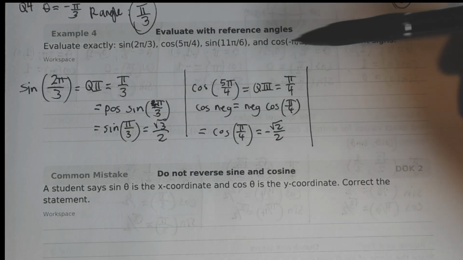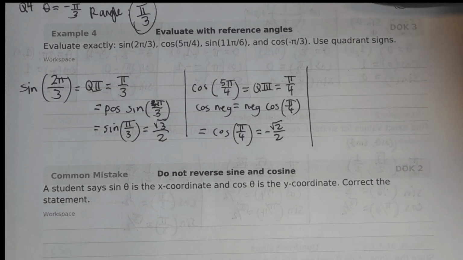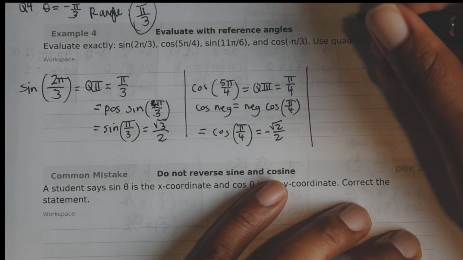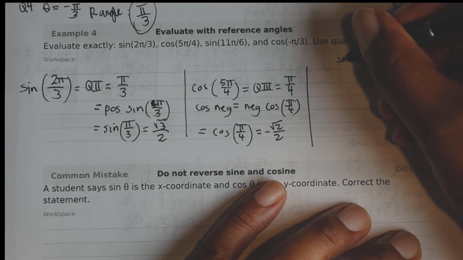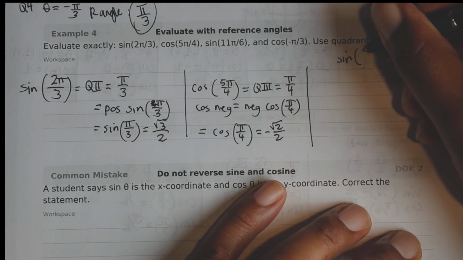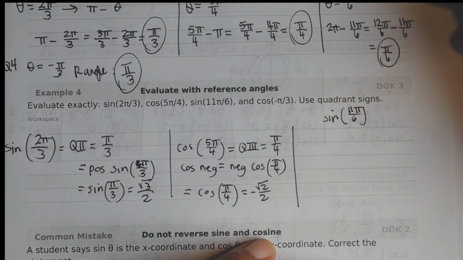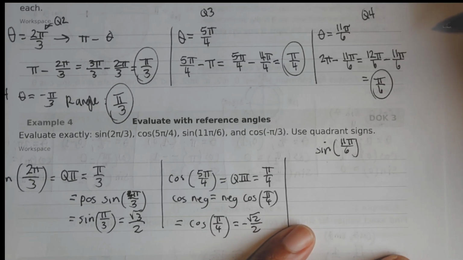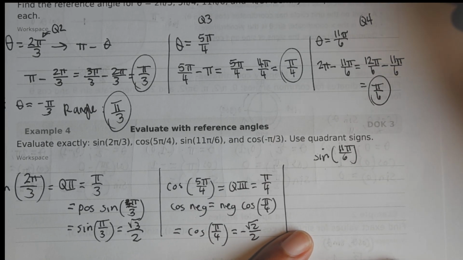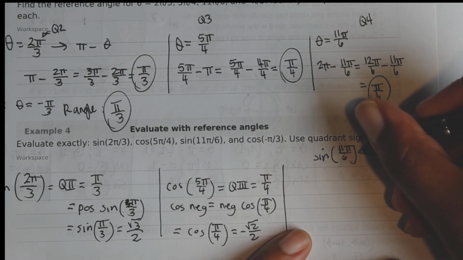Okay, we have two more. Hopefully I don't run out of space over here. I might have to write this a little smaller. So we have sine of 11 pi over 6. We discovered from the previous problem that 11 pi over 6 is in quadrant 4, and the reference angle is pi over 6.